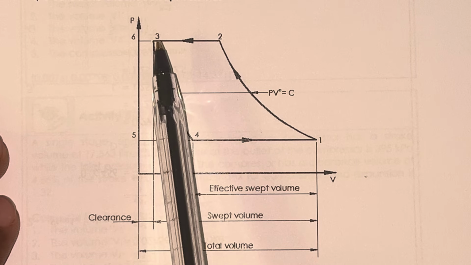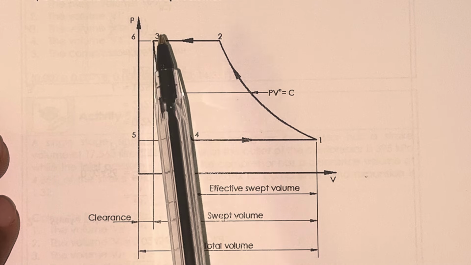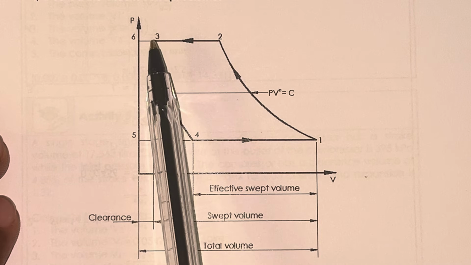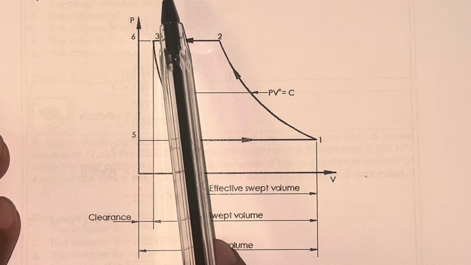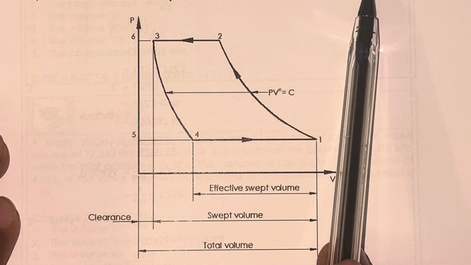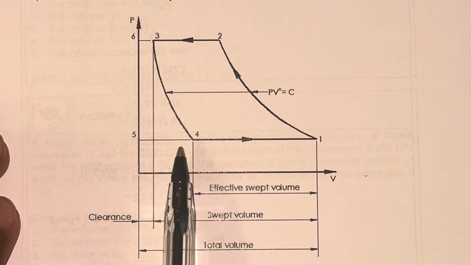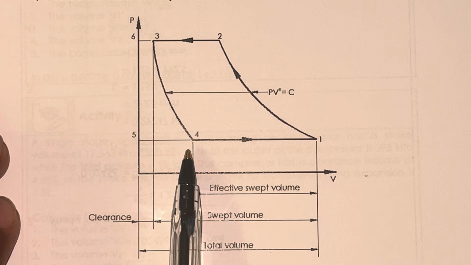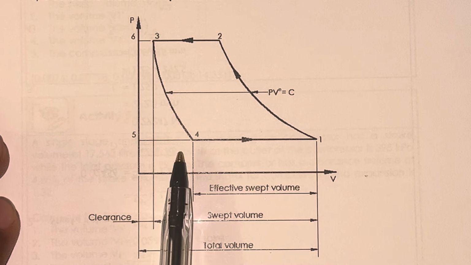The residual compressed air, residual meaning leftover air, expands according to the law PV to the power of N equals a constant C, and it is not until the pressure is reduced to intake pressure at point 4 that the inlet valve will begin to open.